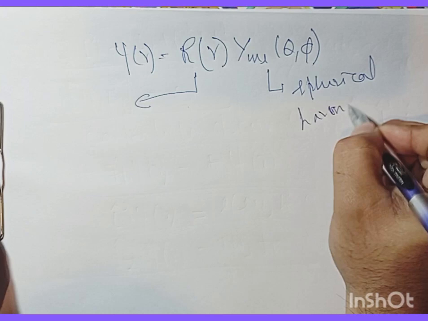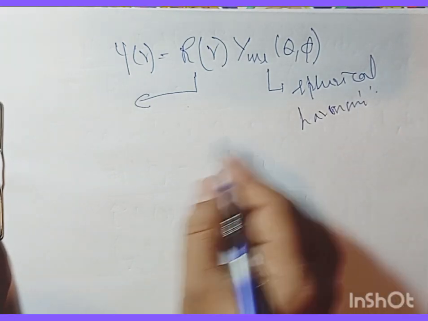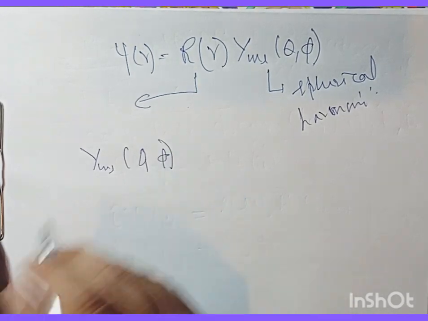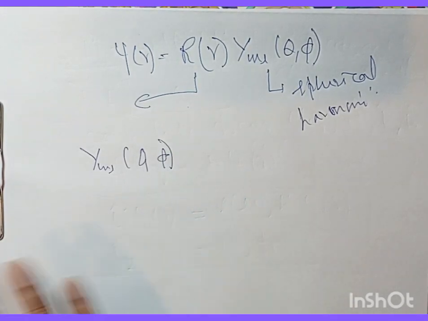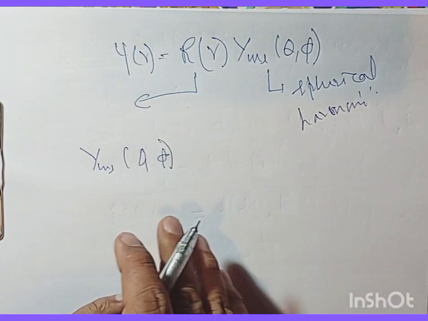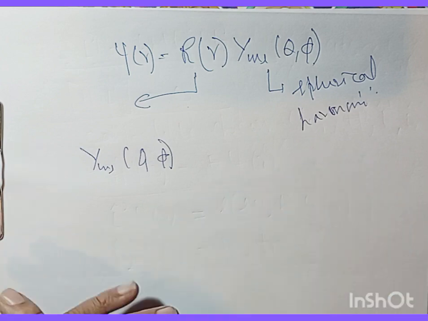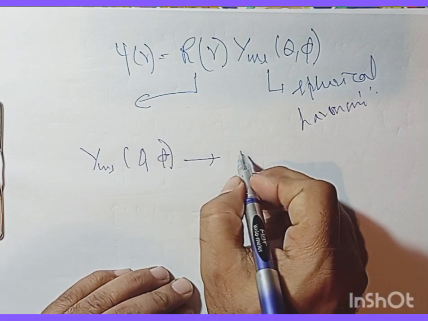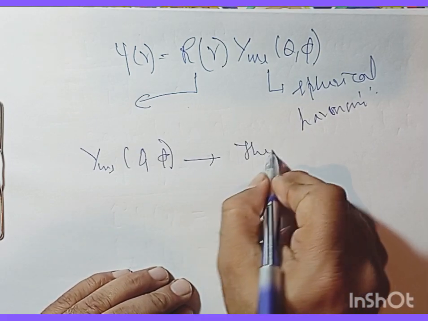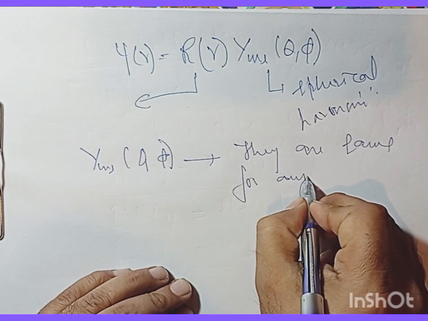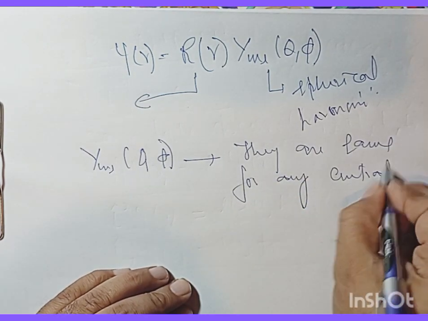These spherical harmonics, Y, theta and phi, are the same in any central potential. They are the same for any central potential.